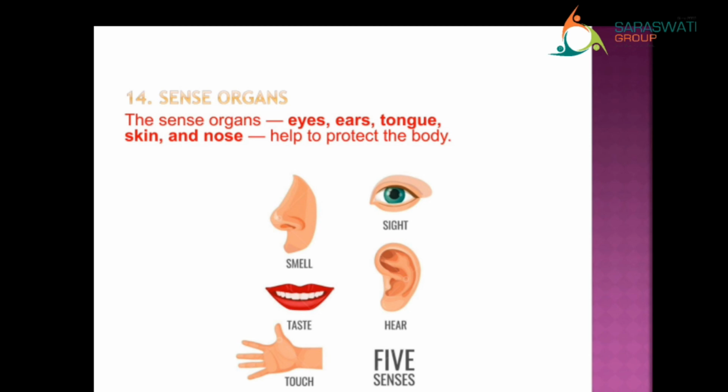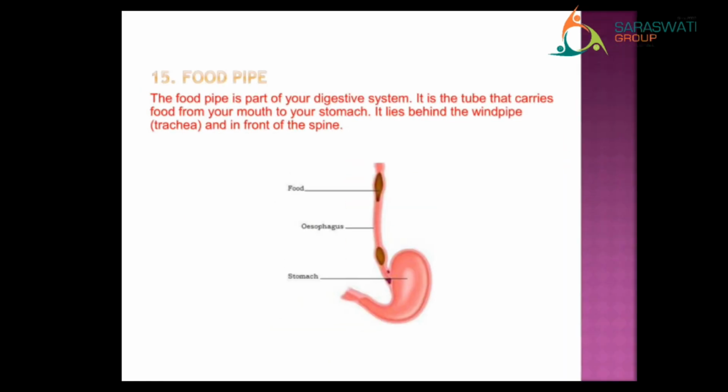Our eyes help us to see, the ears help us to hear, the tongue helps us to taste, and the skin helps us to sense temperature, any type of touch, any type of pain, and the nose helps us to smell and breathe. Clear? Now, last one, number 15, the food pipe.